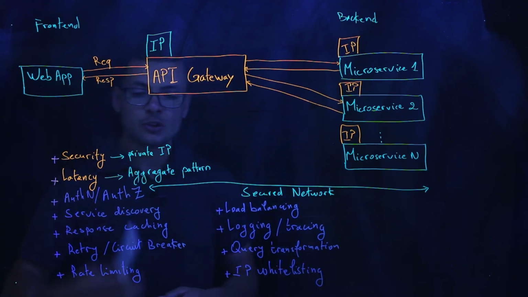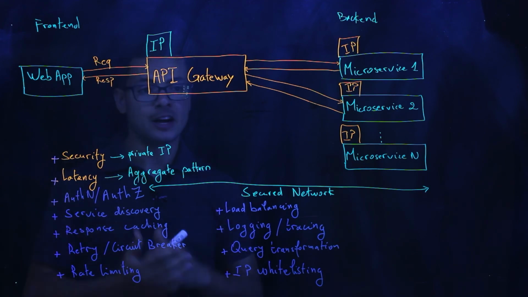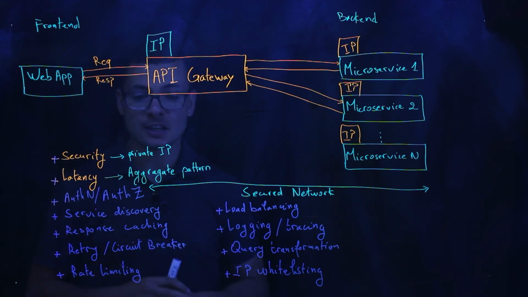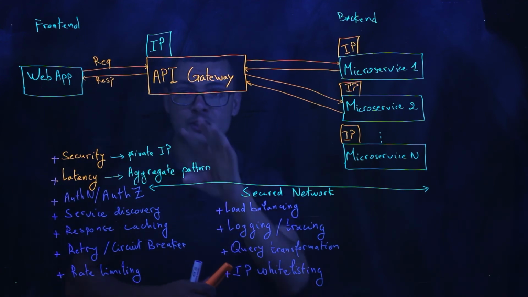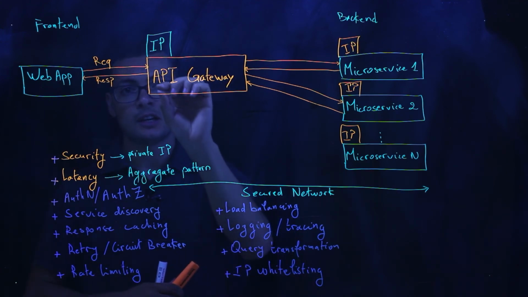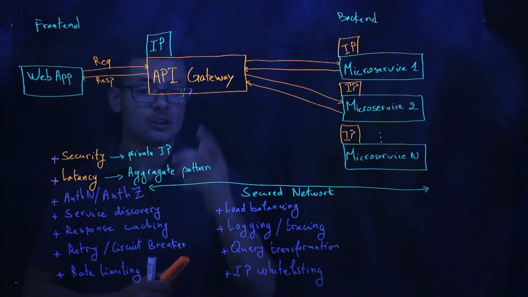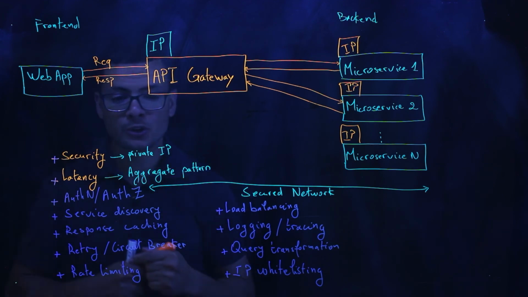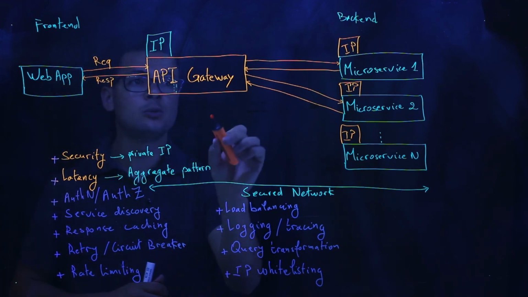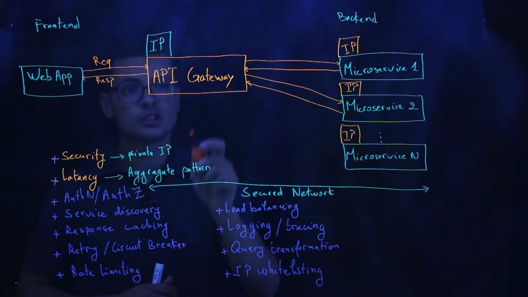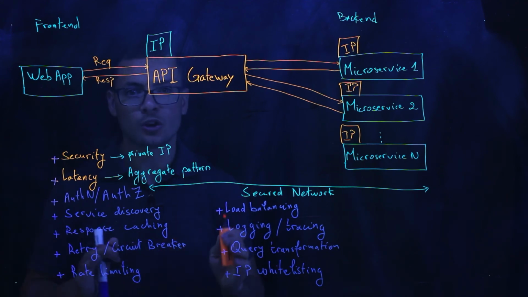So here we mentioned the different advantages of using an API gateway, but at the end it also has some serious drawbacks. One of them is that the API gateway is getting all the requests from the web app. Here we are creating a single point of failure for our entire application, because if the API gateway goes down, or crashes, or doesn't work for any reason, then my entire application won't work.